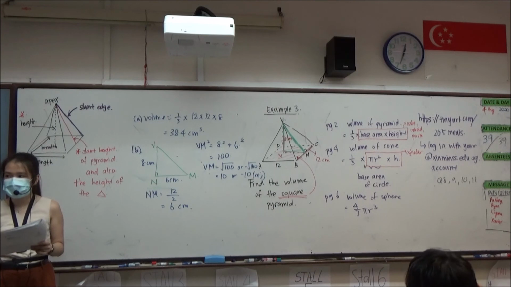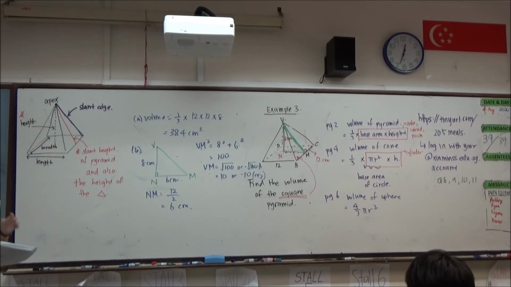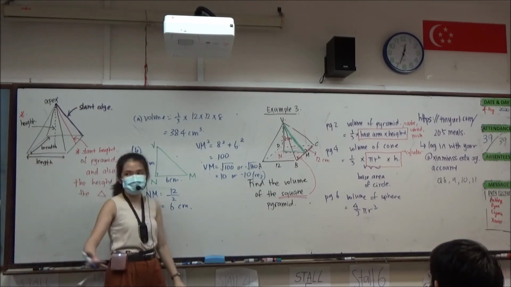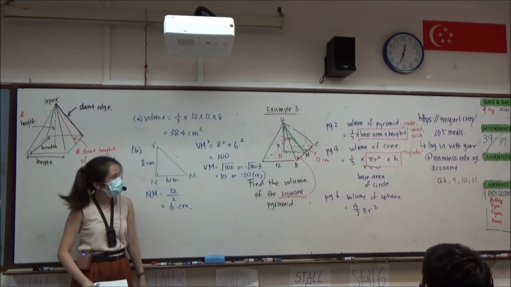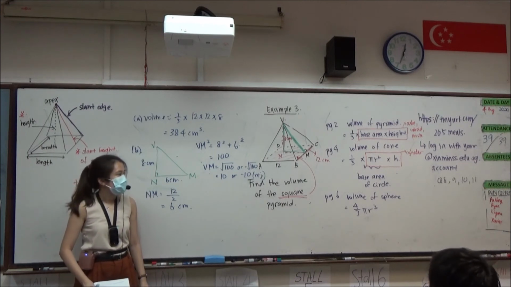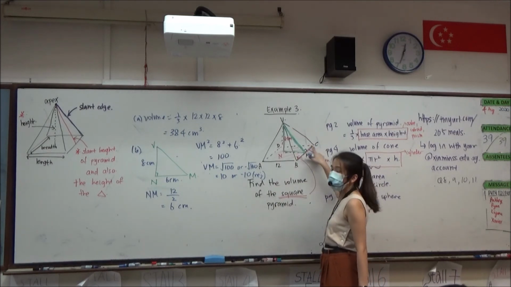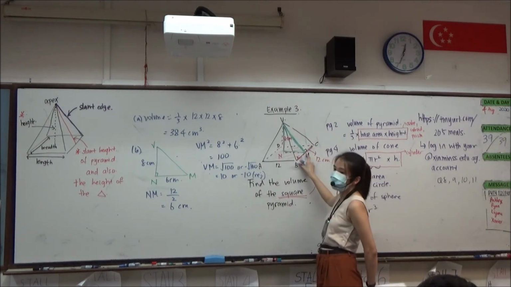Yes, Lisa. Can VBM? Yes, you can do Pythagoras for VBM, but how will you want to do it? I find the length of BC. BC, okay, then you find this one.